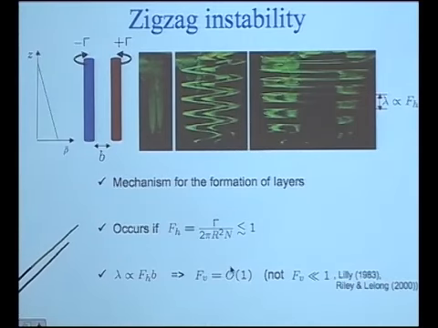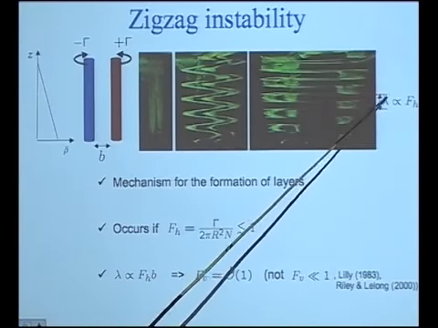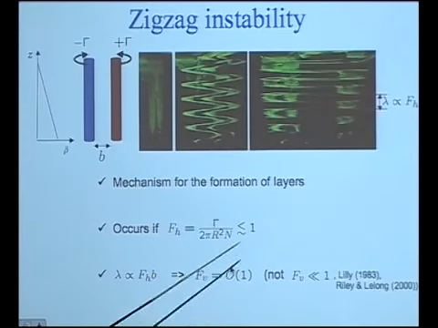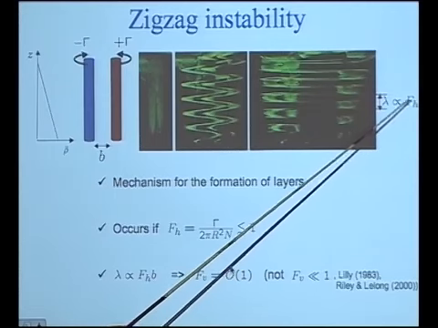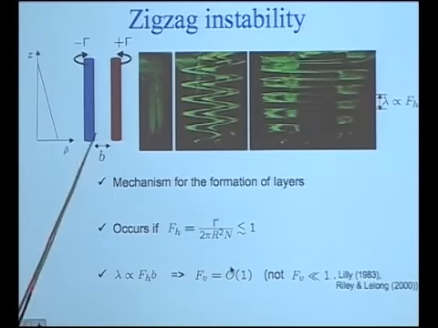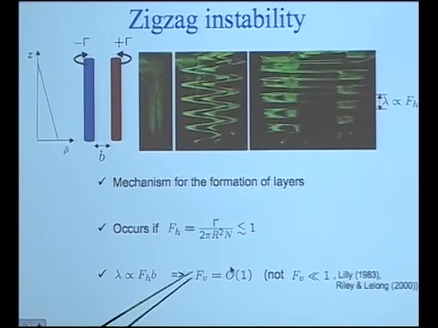And this instability occurs only when the stratification is strong, when the Froude number is typically lower than unity. One important property of this instability is that the typical wavelength scales like the horizontal Froude number times b, the separation distance between the two vortices.